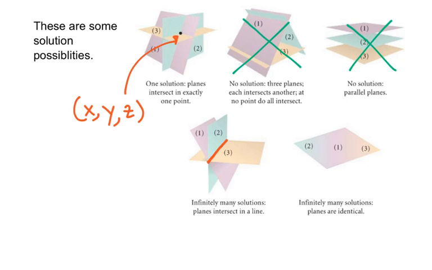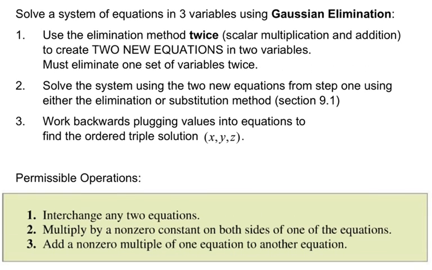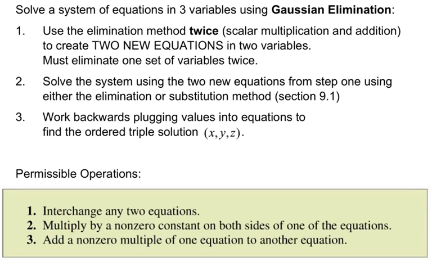And how can we find that ordered triple? To solve a system of equations in three variables, we will use what's called a type of Gaussian elimination. Karl Gauss was a German mathematician. So Gaussian elimination, basically that involves using the elimination method twice.